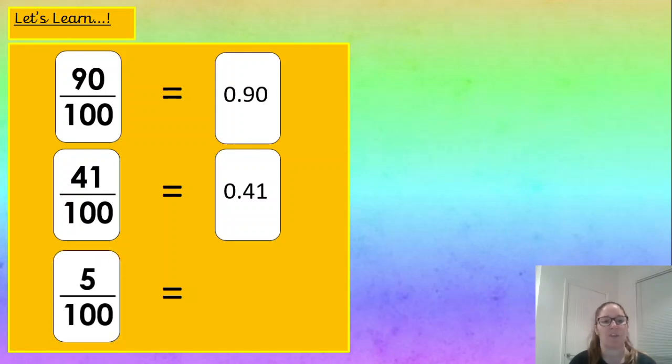How do we write 5 hundredths? We're going to write 0.5. No. If I wrote 0.5, it would mean 0.50, which means 50 out of 100. We've only got 5 out of 100. So it's going to be 0.05.